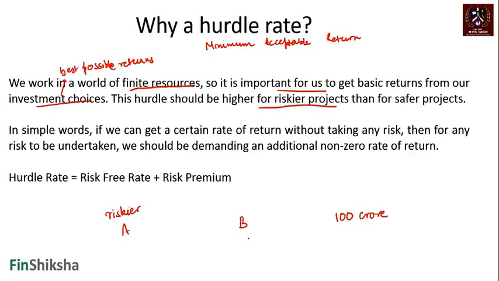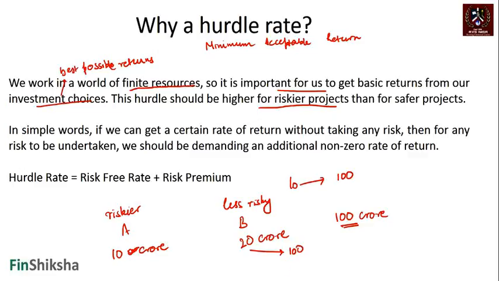Whatever I'm willing to pay for B, let's say I'm willing to pay 20 crore for B. Then for A, if I pay 20 crore, I would expect more than 100 crore because I have a better choice in a less risky factory, or I will be willing to pay less for A, in which case my return becomes 10 invested to get 100, as compared to 20 invested to get 100.